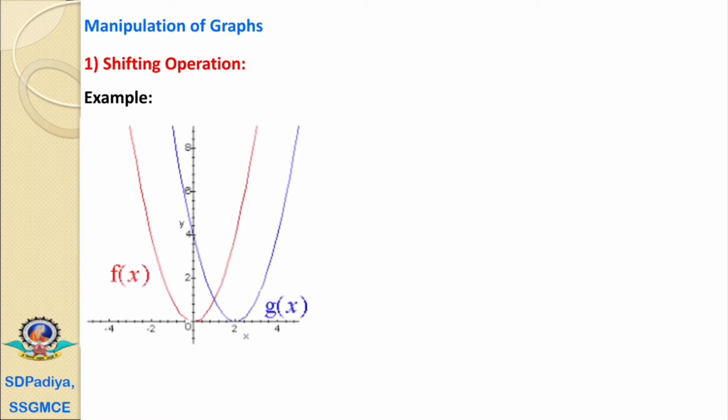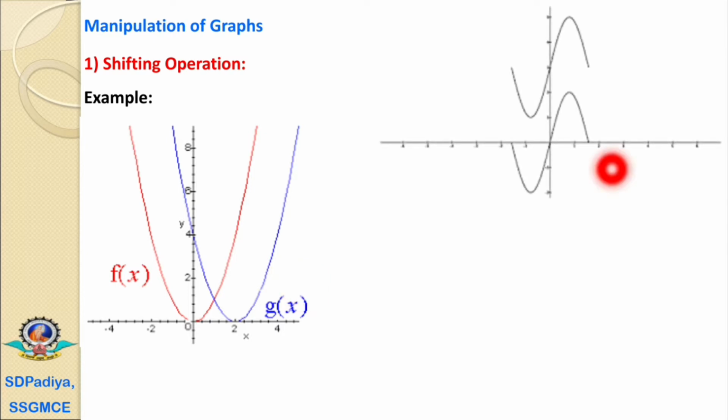If we consider one graph, the graph for the function f of x, and if we have to perform the horizontal shifting of this f of x by 2 points, then its resultant graph is for a function g of x. That is called the horizontal shifting. Now, the second example, here we have one sine wave.